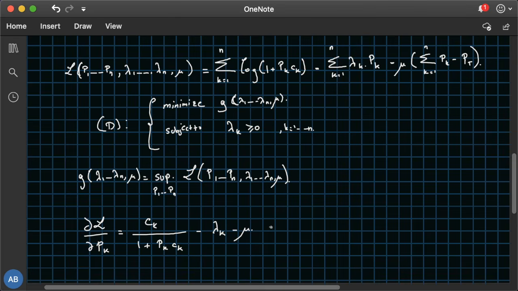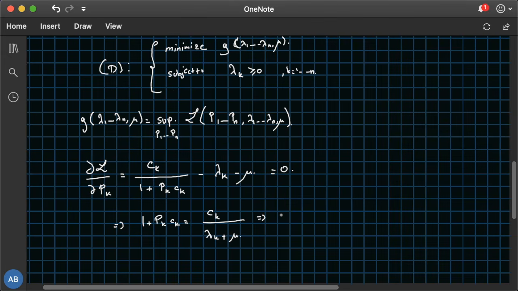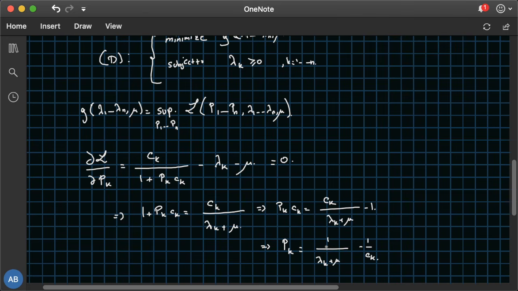Now setting this to 0, we're going to solve for pk. So we're going to get the following, which is equivalent to getting the 1 on the right hand side. We'll get ck. Now divide by ck on both sides, and this is what you get. So the pk is 1 over lambda k plus mu minus 1 over ck.